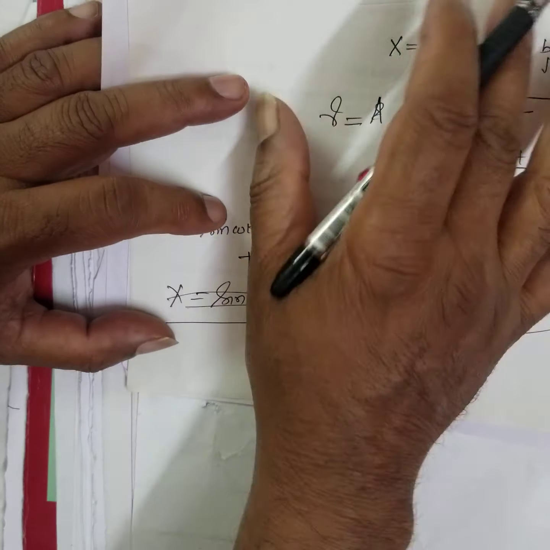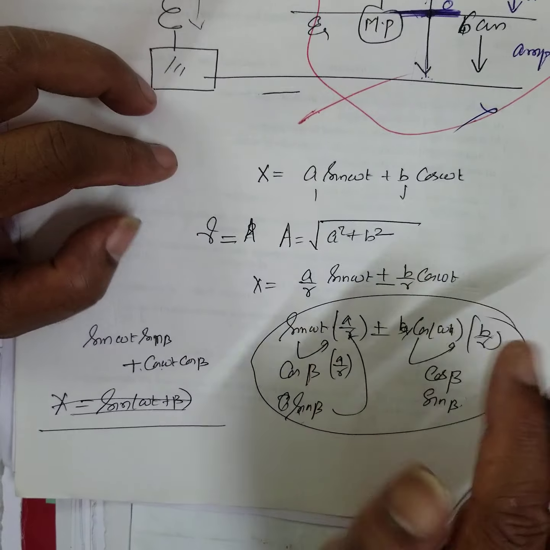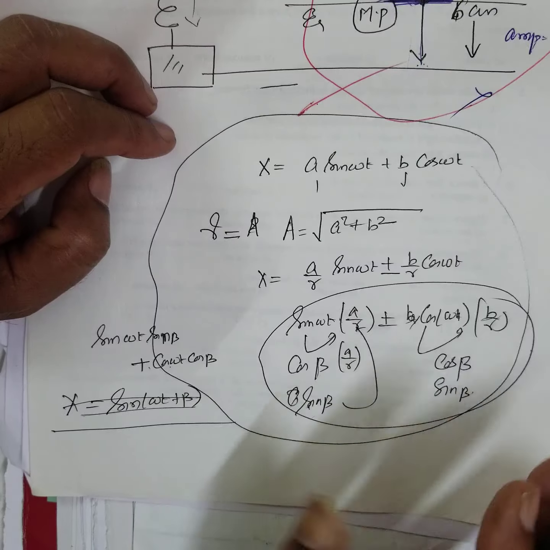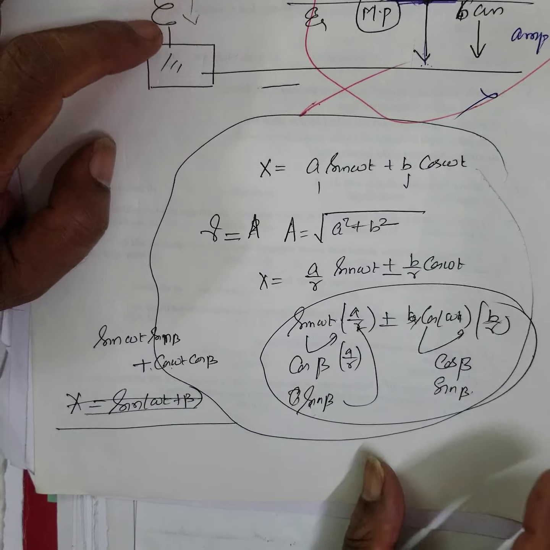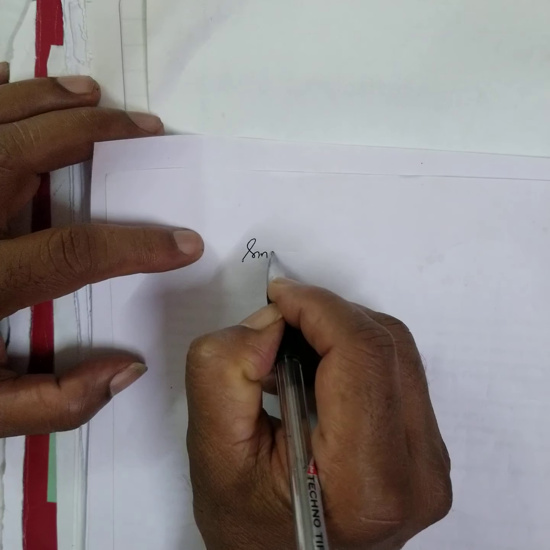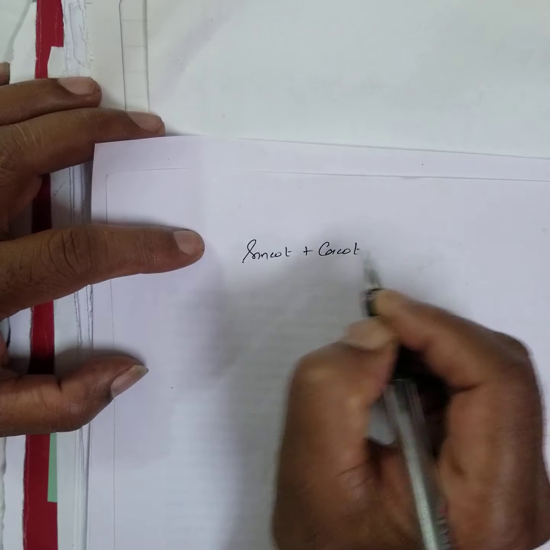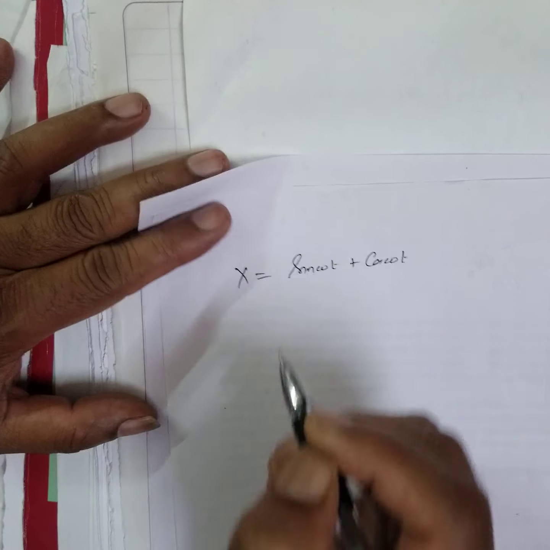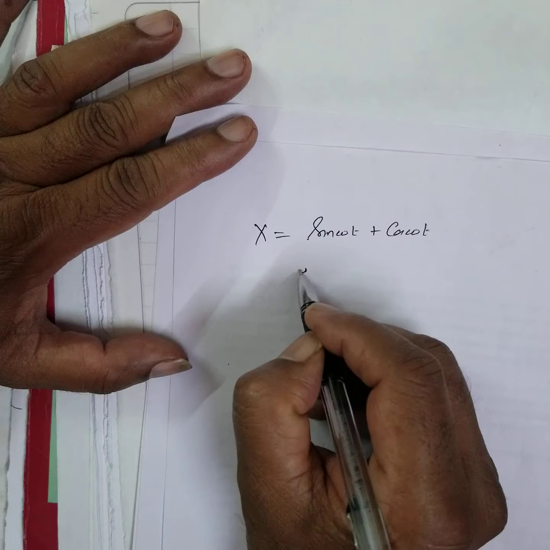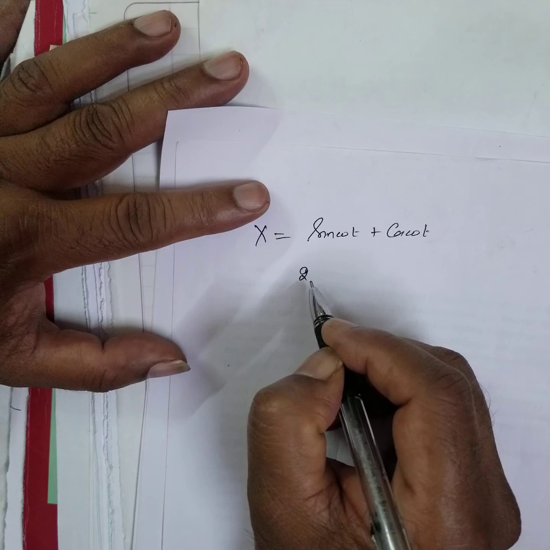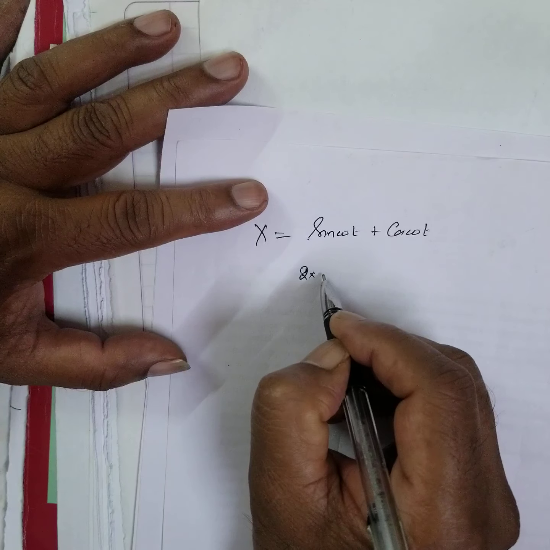Okay, this is also a possibility. Now there is one particular sum I will do, right? The theoretical part you will analyze later. So for example, I write this one. Sin omega t plus cos omega t. This is one particular problem. X is equal to... now what I do, multiply numerator and denominator by 2.